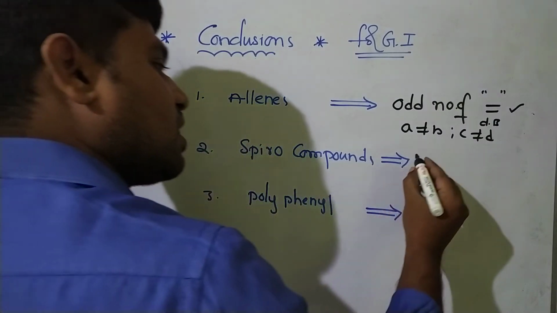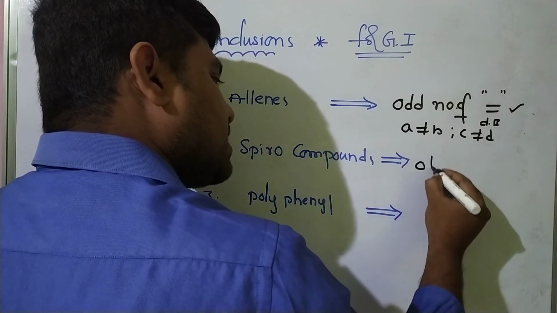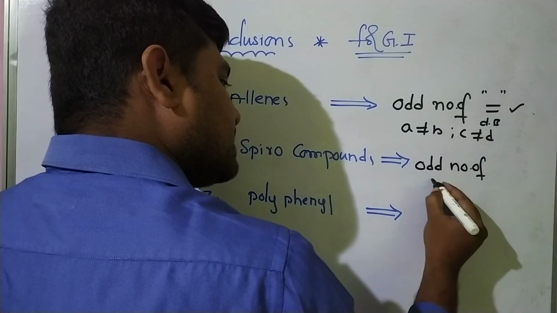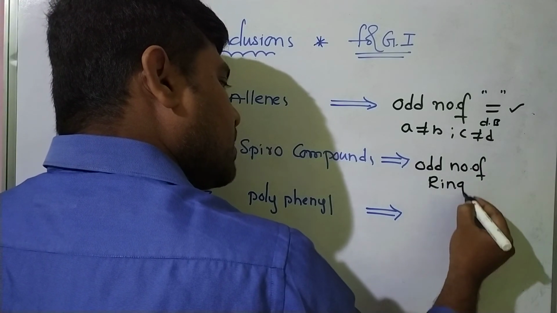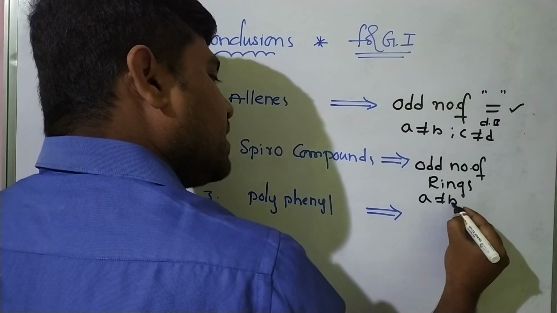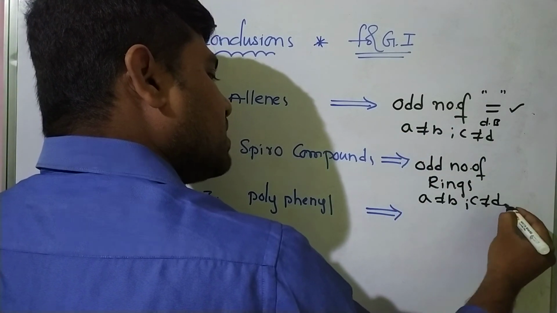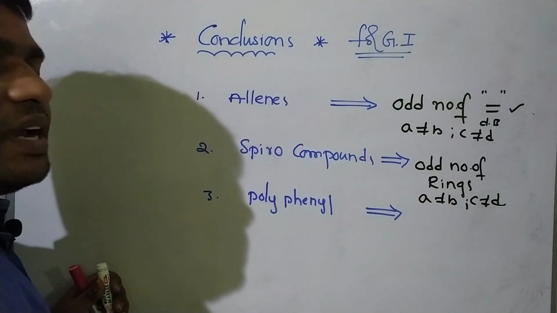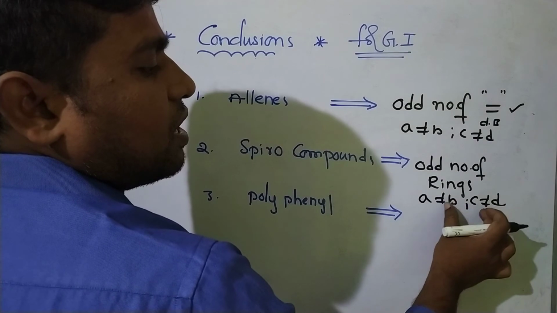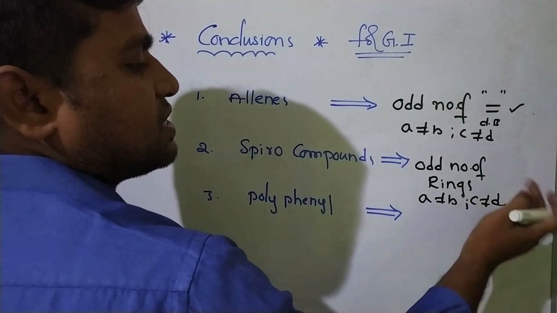Spiro compounds also must have an odd number of rings. Here also A not equal to B and C not equal to D, meaning the terminal carbons must have different groups.